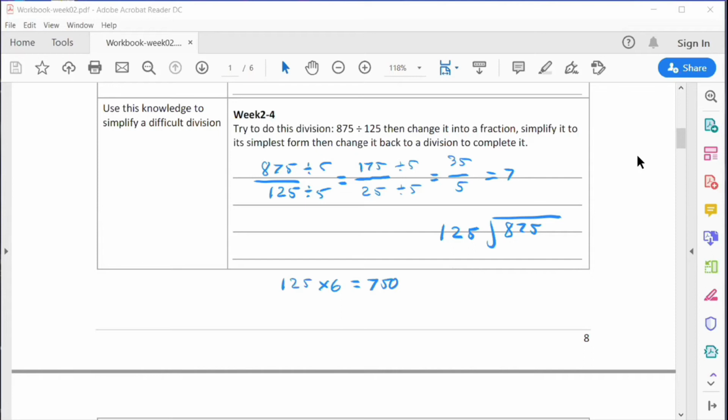So I try 125 times 7. Just a guess. And then I get 875. That's it. So there is going to be a 7 here, and then I subtract and get 0. So it's easier to do the fraction.